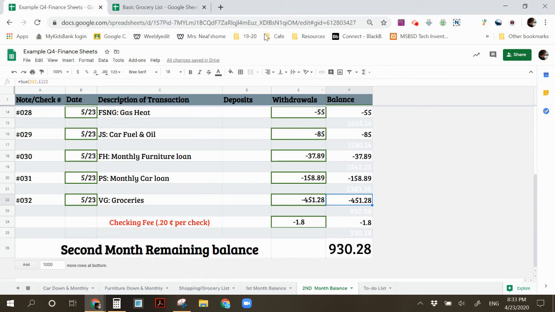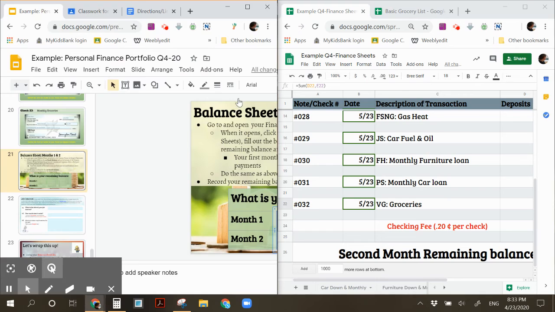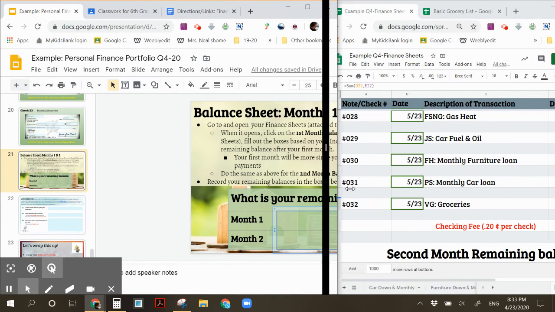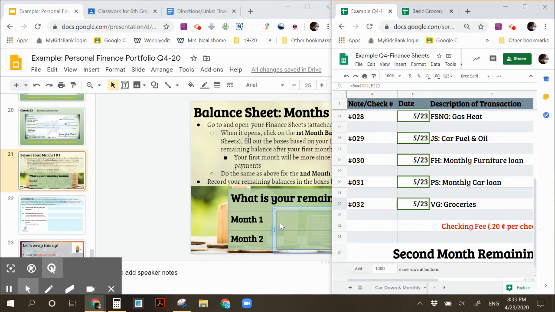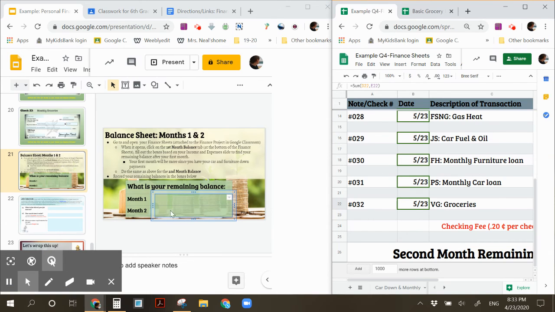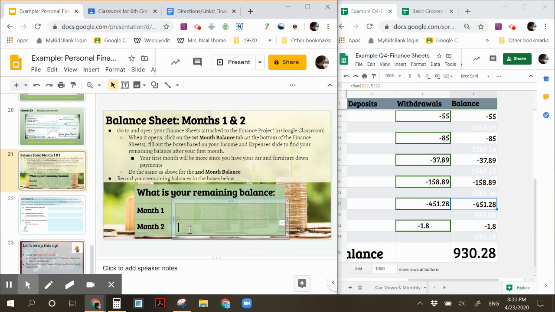Okay, so now I need to finish my slides. Go back to the slide that talked about the balance sheets. It asks for what is your remaining amount for month 1 and month 2. So I'm currently on my month 2 slide, and I'm going to put in my information there.